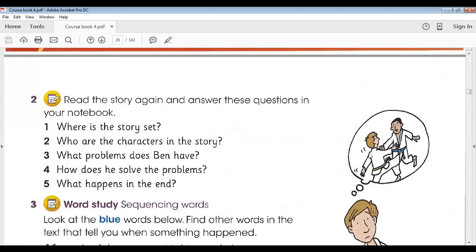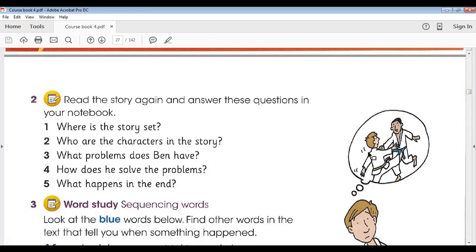Question number 2 is, read the story again and answer these questions. So we read the story again and then I asked the exercise 2 questions one by one to the class, and students answered questions like where is the story set, who are the characters in the story, what problems does Ben have, and how does he solve the problems.